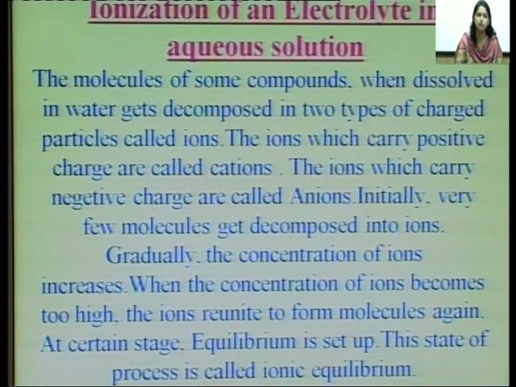This state of process is called ionic equilibrium, where the rate of forward reaction becomes equal to the rate of backward reaction. So, such an equilibrium which is formed between the unionized molecules and the ions is called ionic equilibrium.